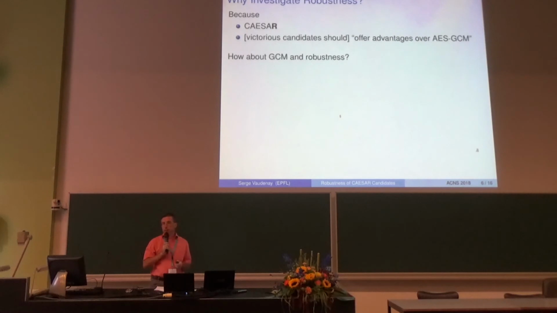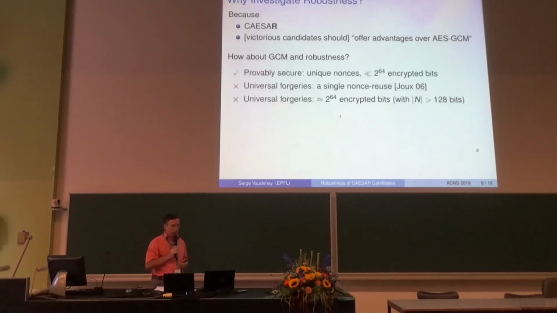With AES-GCM, we have some quite well understood security. There is a provable security if nonces do not repeat, and if we don't encrypt too much, say much lower than the birthday bound. So if we don't encrypt too many messages and we make sure that nonces don't repeat, we have a security proof, which means that we are safe, assuming that AES is secure, and we all believe AES is secure.